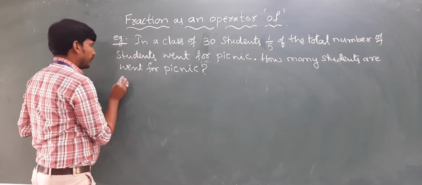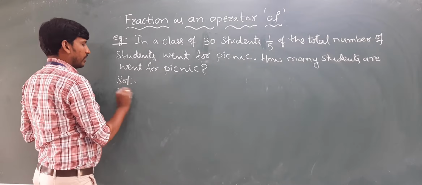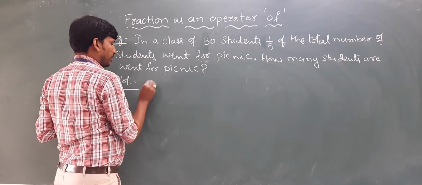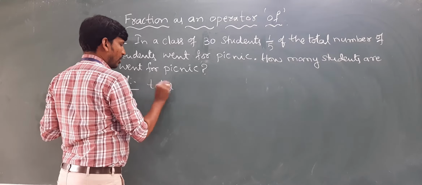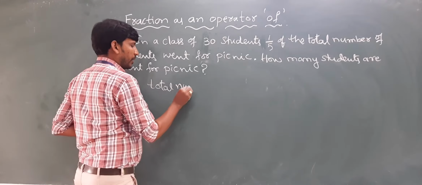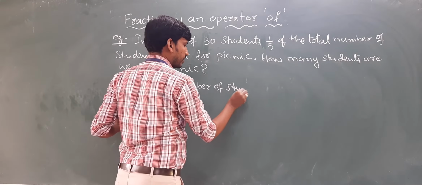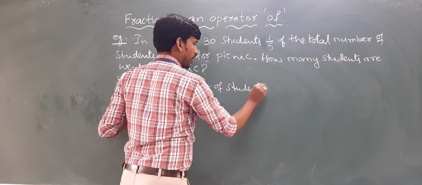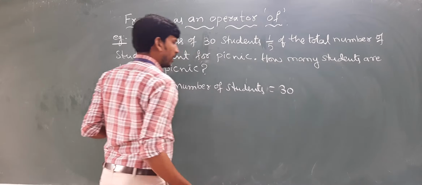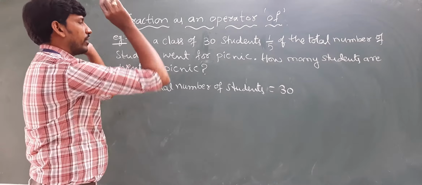Now see the solution. Total number of students is equal to 30. So how many students went for picnic?